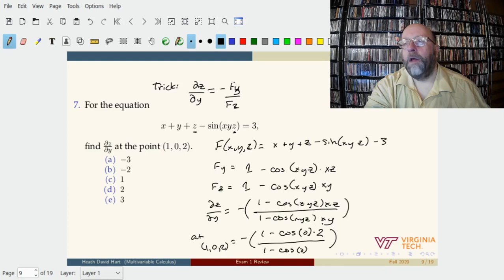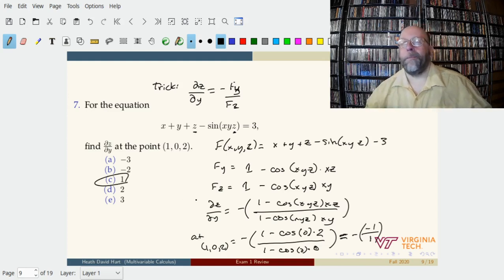Xy is also 0. So this is the negative of negative 1, and 1 minus cosine of 0 times 0 is just 1. And the negative of negative 1 is positive 1. All right.